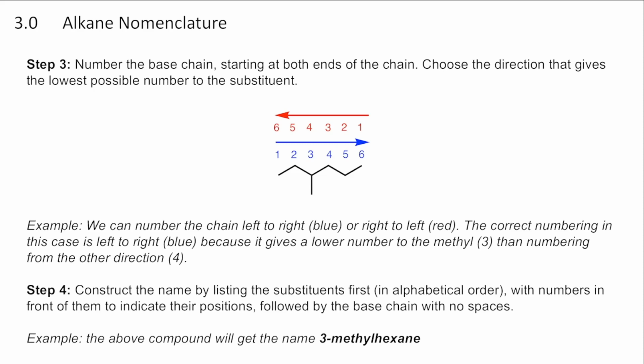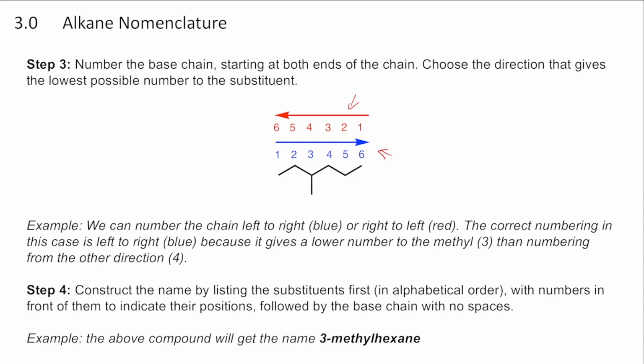So if we start at the left-handed way, we're going to go 1, 2, 3, 4, 5, 6 as indicated by the blue numbers. Or you could start from the right side and label it 1, 2, 3, 4, 5, 6 starting from the right side. Then what we want to do is decide which of these numbering schemes makes more sense. So what we want to do is look for any substituents, and the first substituent we come across, we want it to have the lowest possible number.